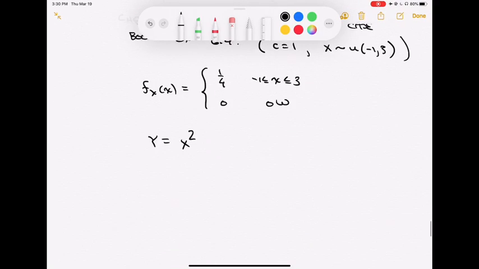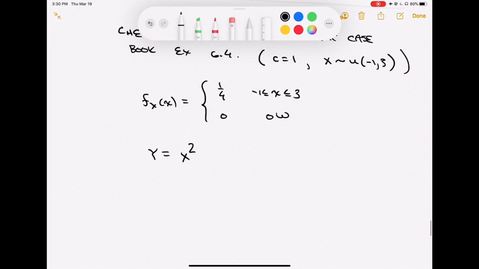A little bit that might help us on this as well is just thinking a little bit about this f_X. Let me just do a very quick sketch of this. Going from -1, then 1, 2, 3, and I've got a value of 1/4 on that. Let's try this once more. Get a 1/4 in there. This is my f_X of x as a function of x.